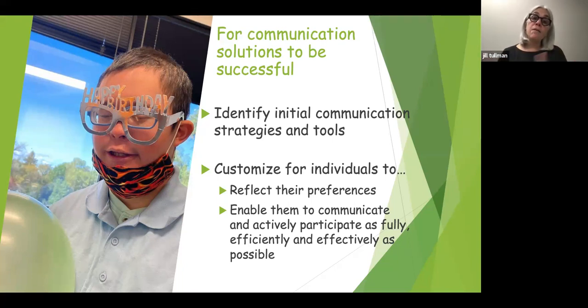So the majority of individuals we work with have a gap between what they understand and what they can say. And due to a variety of reasons, they're not often able to talk with their mouths. So to help them develop language, they really need ongoing speech language intervention. And wherever they can get that, I would encourage them to get that.